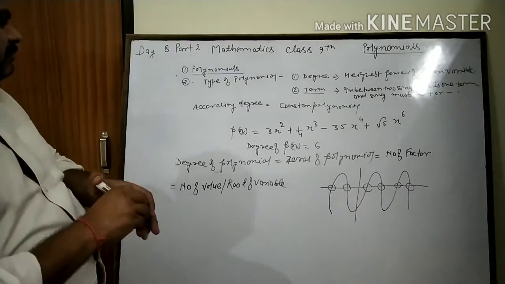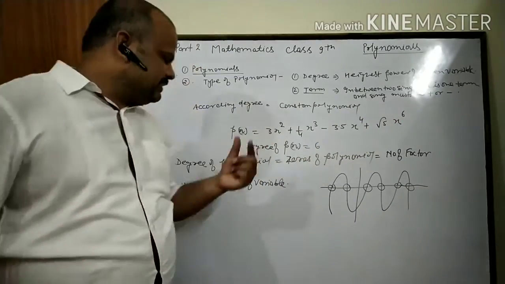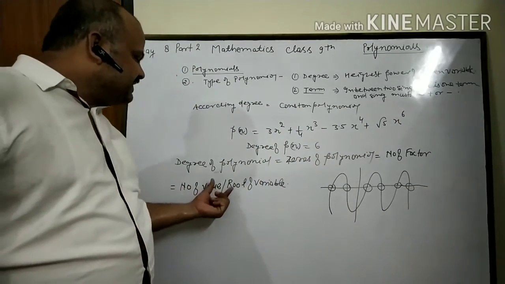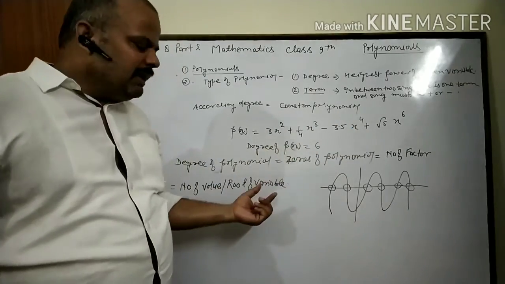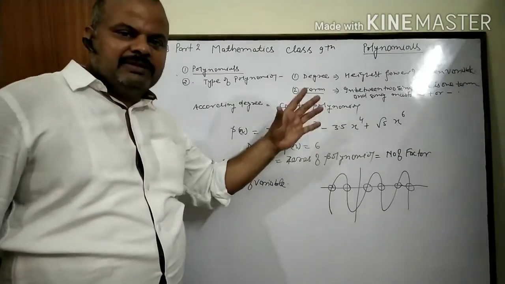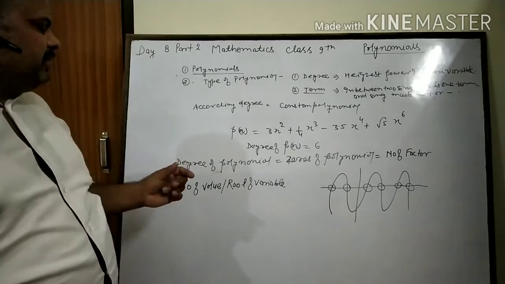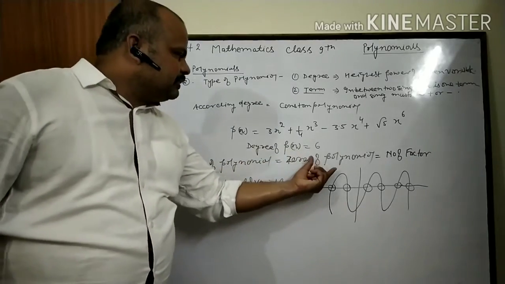Suppose this polynomial has degree 6, then it has 6 different values of x. Clear? Or 6 roots of x.